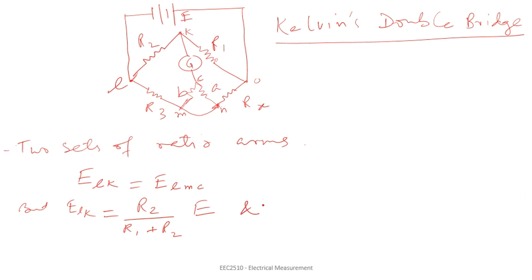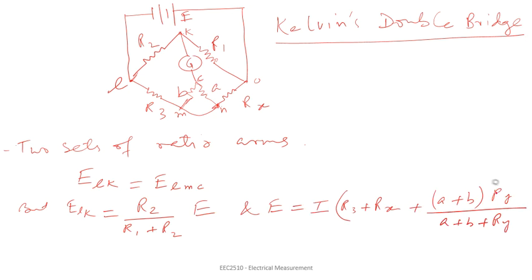And E is equal to I times R3 plus Rx plus A plus B times Ry over A plus B plus Ry.